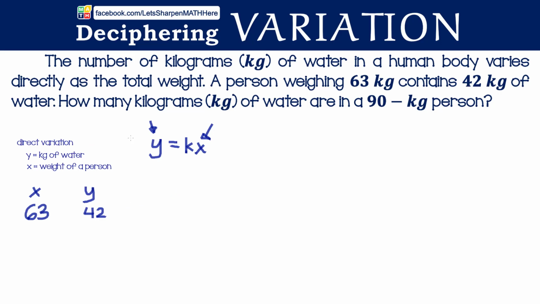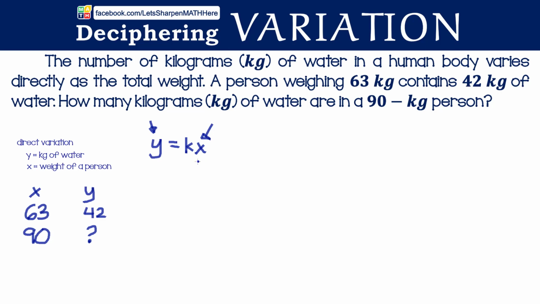And then we'll be using this to solve for k to get the unknown. But first, the 90 kilogram person, that's your second independent variable. And you're looking for the number of kilograms of water for a 90 kilogram person. That's your y. So this is now the situation, and we'll be using this here.